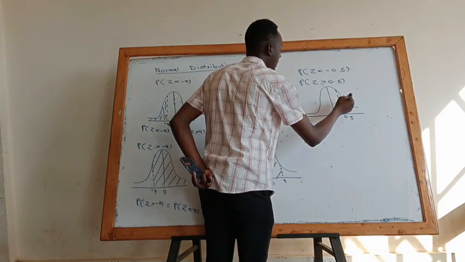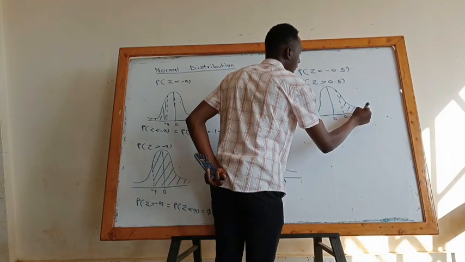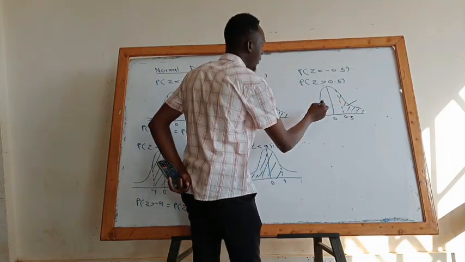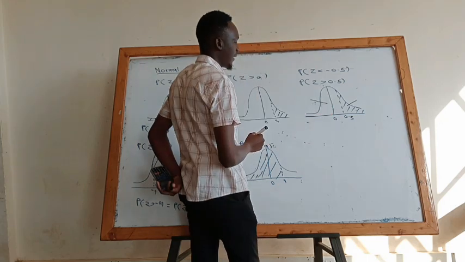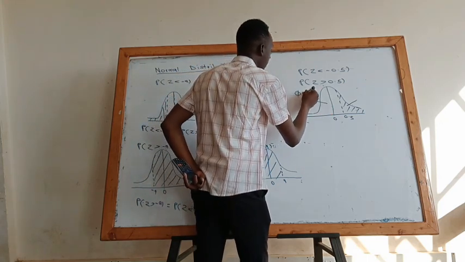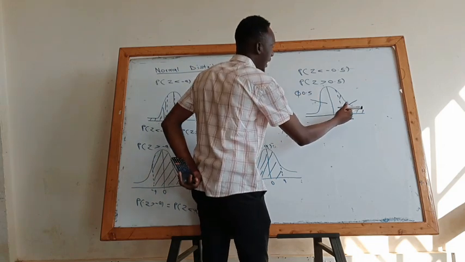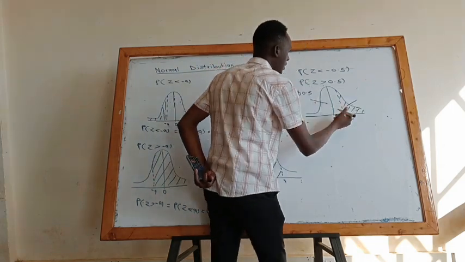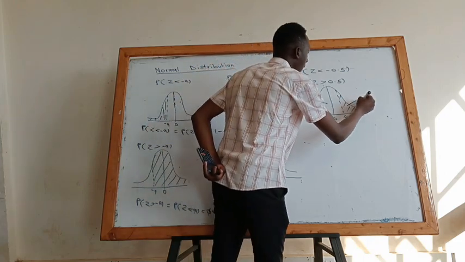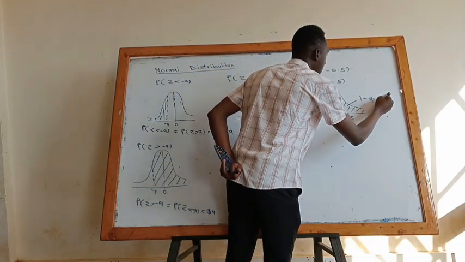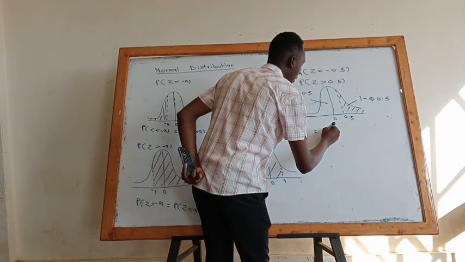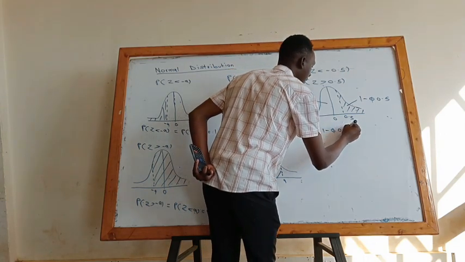They need the area to the right. Since our table gives us the area to the left, which is phi 0.5, and the total area of the normal distribution is 1, we'll have 1 minus phi 0.5. Therefore, our probability should be 1 minus phi 0.5.